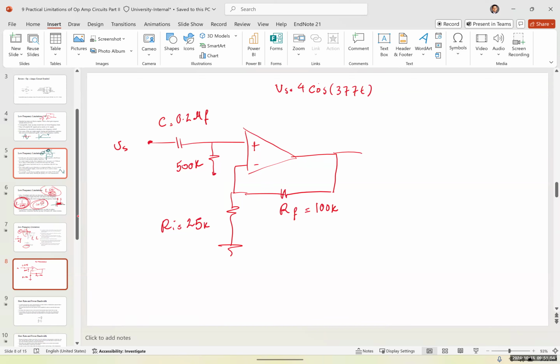I want you to find the frequency response, which is F1 and F2, to be able to draw the graph for the frequency response. And I want you to also find Vout. And this op amp is a U741. U741 has a gain bandwidth of 1 megahertz.